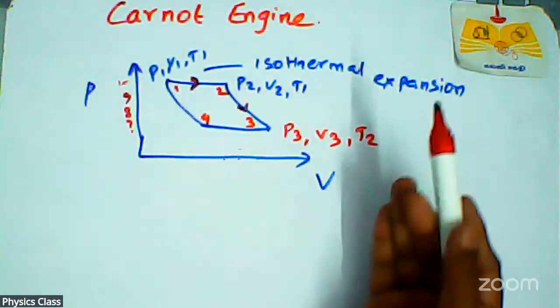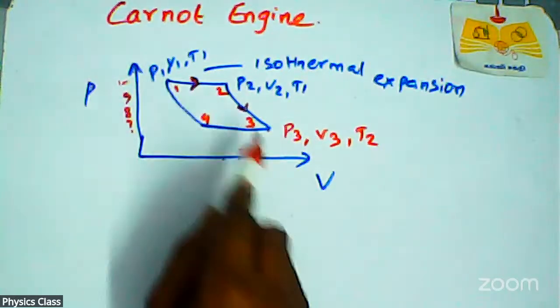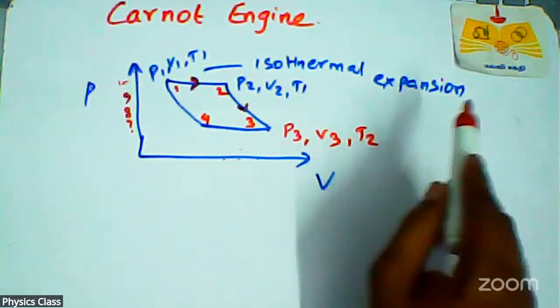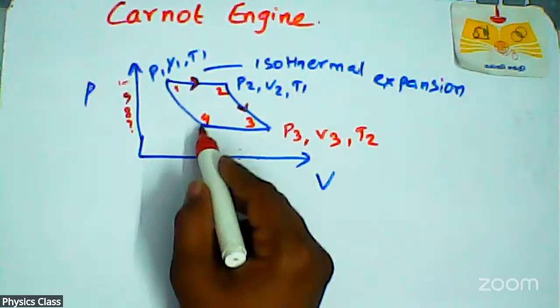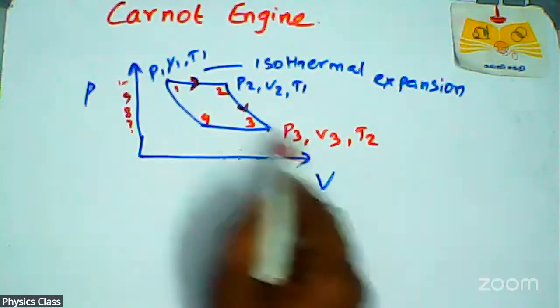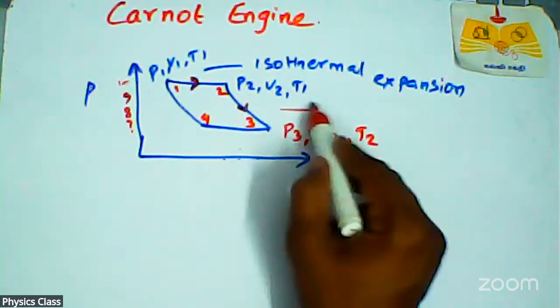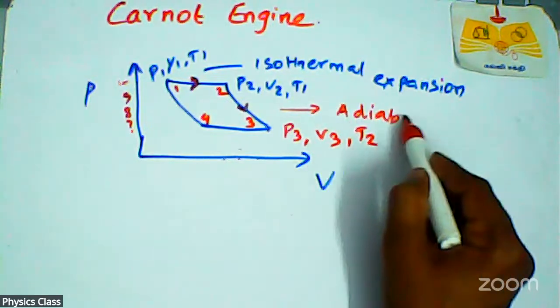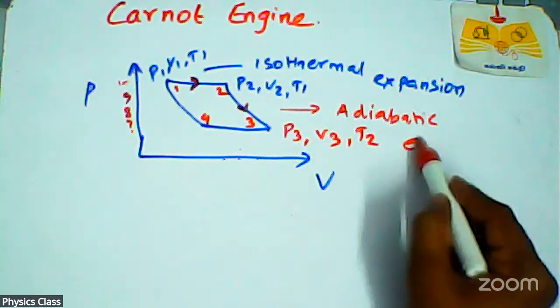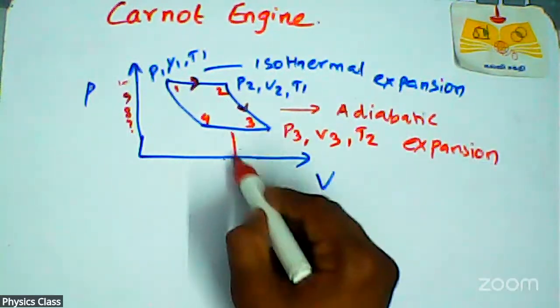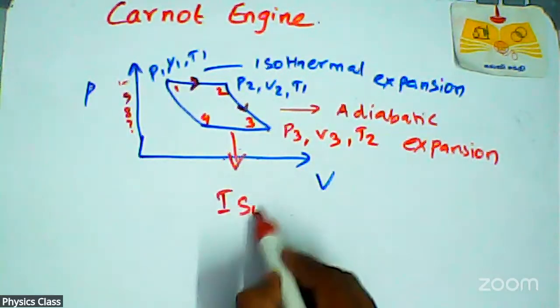Pressure also changes; it decreases. So P3, V3, T2. And next, the fourth stage. First stage, isothermal expansion; second, adiabatic expansion; this stage, isothermal compression.